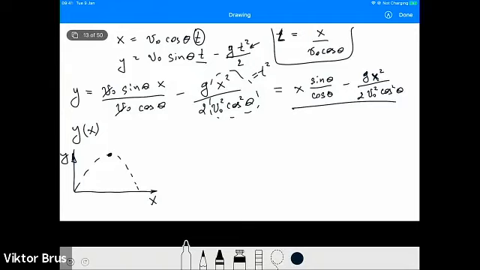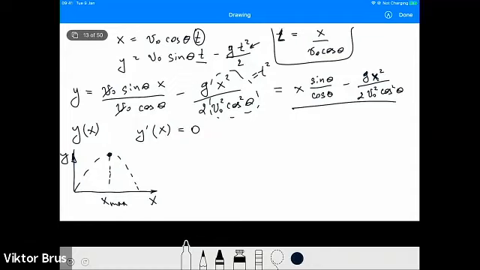So according to calculus, the derivative of this function y over x should be equal to 0 for the maximum of the function. Here we have x maximum, so this derivative at x maximum is equal to 0.